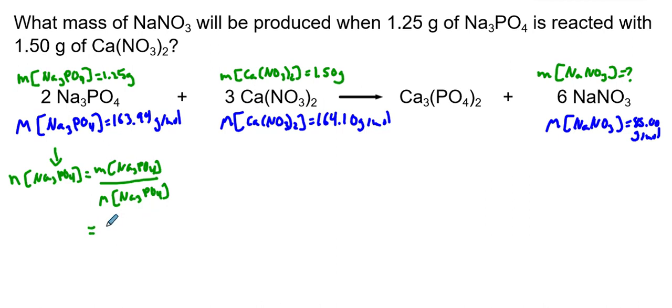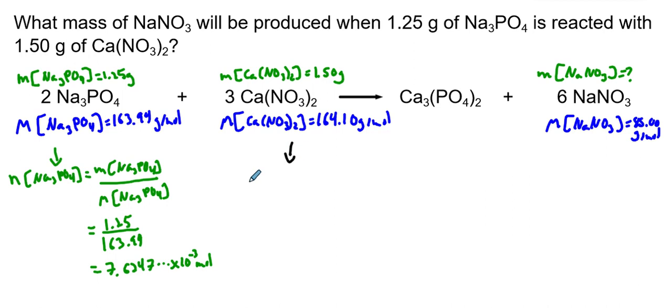The mass we have is 1.25, and the molar mass was 163.94. And when we do this, we will get a mole value of 7.624..., because I'm not rounding it yet, times 10 to the negative 3 mole. Okay, so that's part of it.